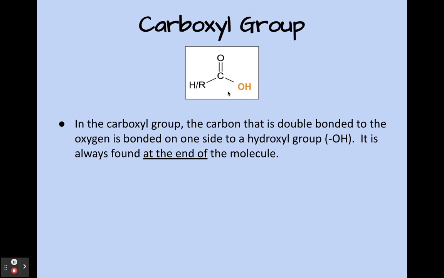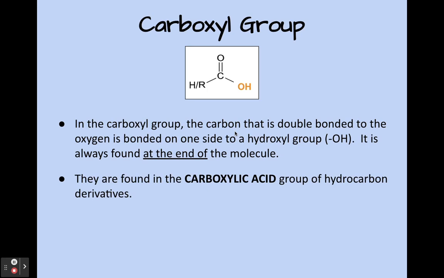Again, this is always at the end of the molecule because this OH will end the molecule. The H can't bond anything else. The O can't bond anything else. And then on the other side, we might have an H or a hydrocarbon chain. This group is found in the carboxylic acid group of hydrocarbon derivatives.